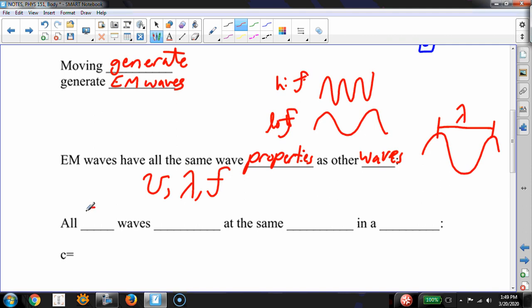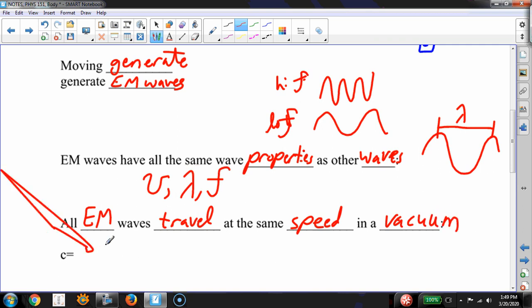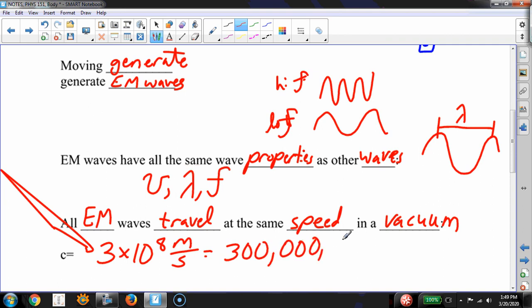All EM waves travel at the same speed in a vacuum. That is c, the speed, equal to 3 times 10 to the 8th meters per second. You don't need to know that number, but you need to know that electromagnetic waves, or light, all travel at this same speed, 300 million meters every second.